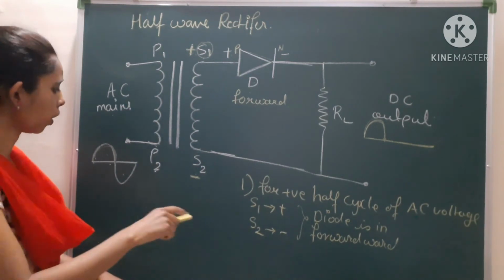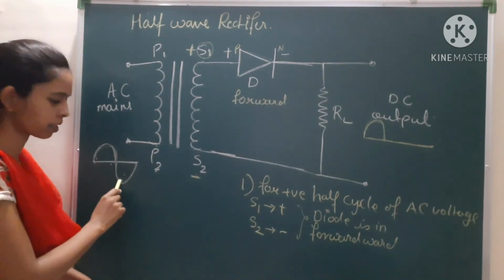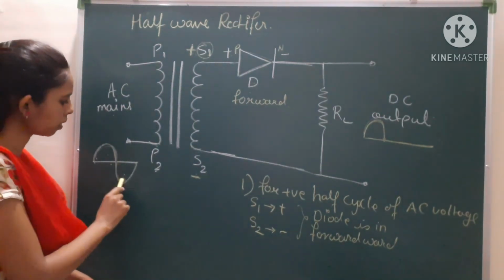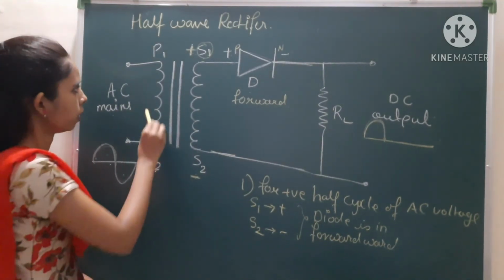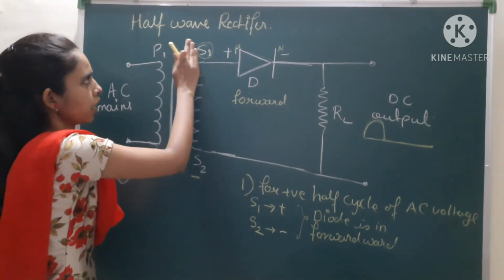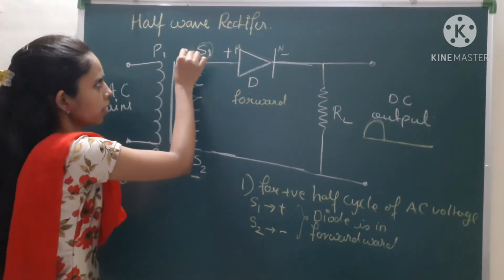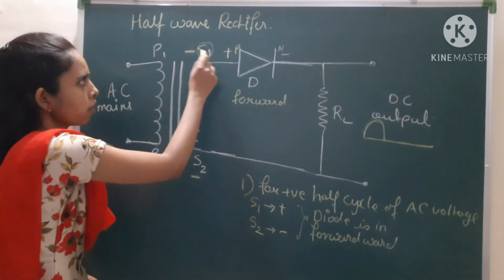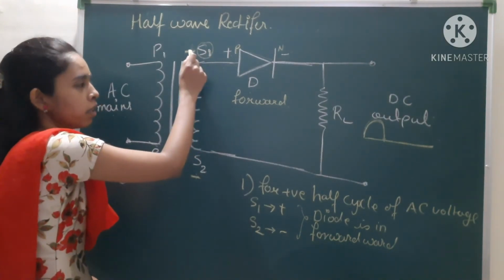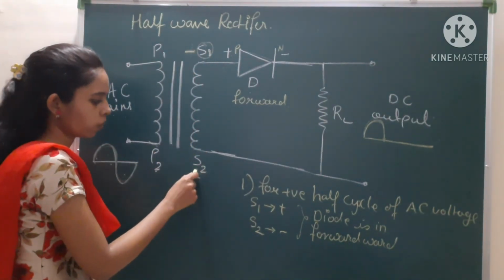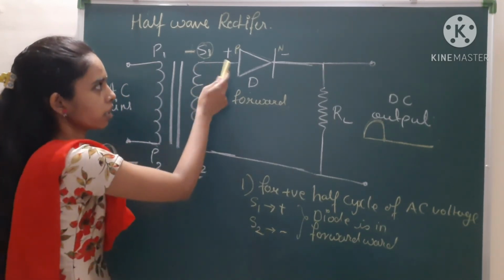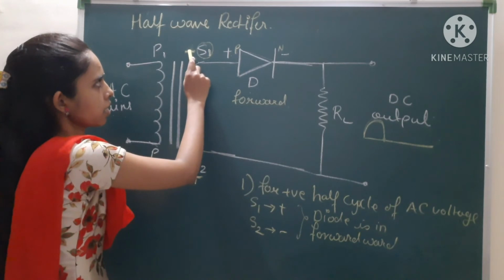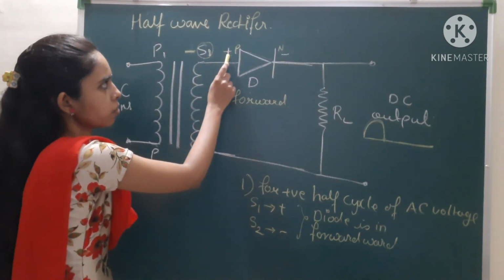Now what will happen during this negative half cycle of the AC? Now S1 will become negative and S2 will become positive. See how the connection to the diode is: this is negative and here it is positive.